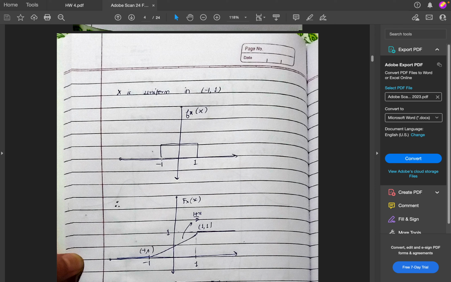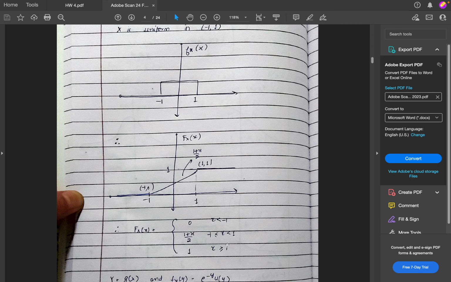We can see that for values of x less than minus 1, the cumulative distribution will be 0, and for x greater than 1, since probabilities sum up to 1, it will be equal to 1. For values between minus 1 to 1, we'll get a straight line, which will be 1 plus x by 2.